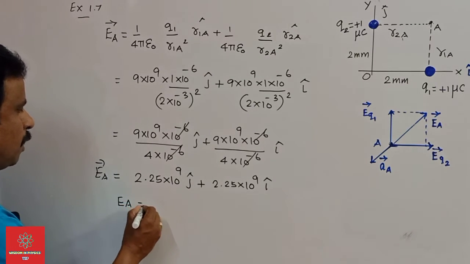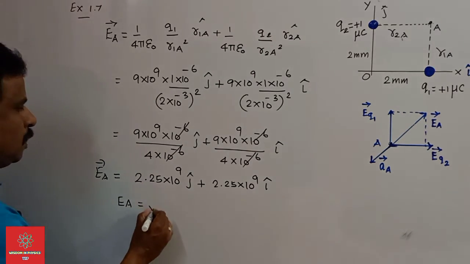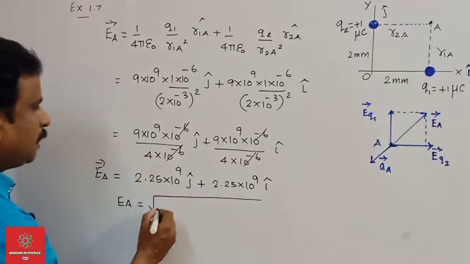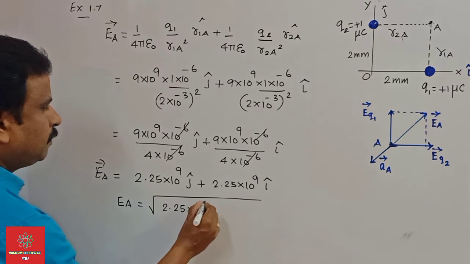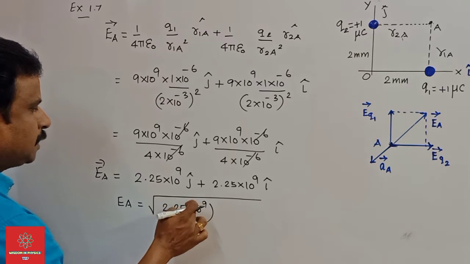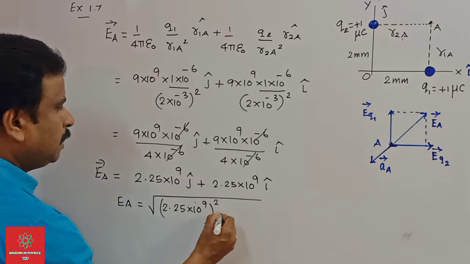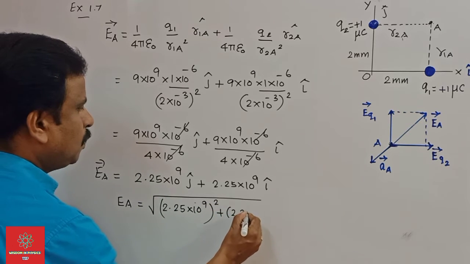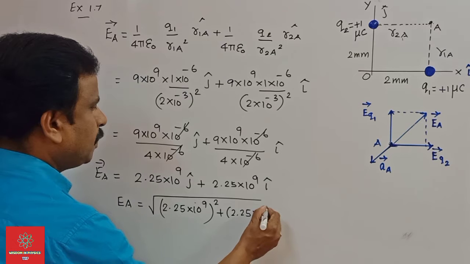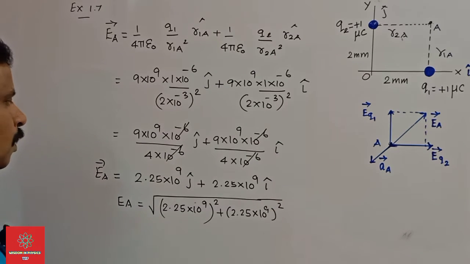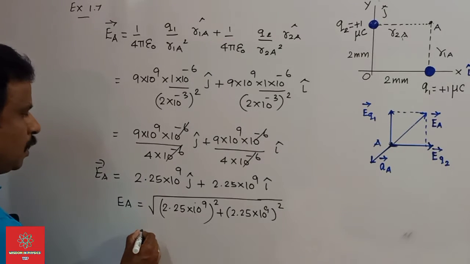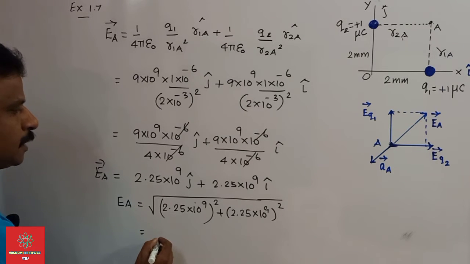Am I right? So modulus of EA vector is equal to root over, you can write like this, 2.25 into 10 to the power of 9 the whole square plus 2.25 into 10 to the power of 9 the whole square. Am I right? Okay, then this will be equal to, you can write like this.